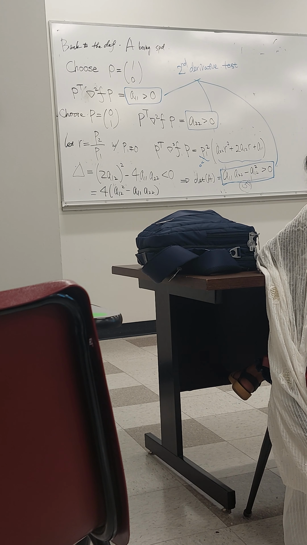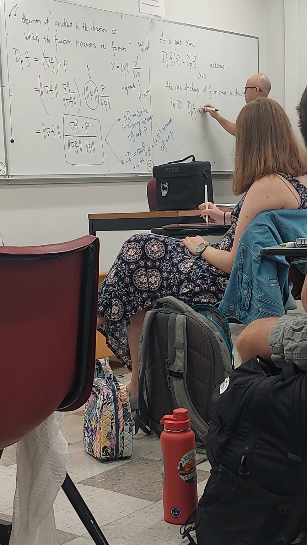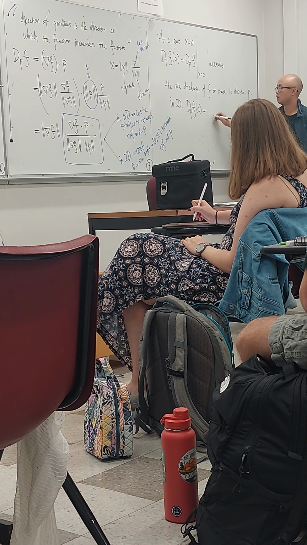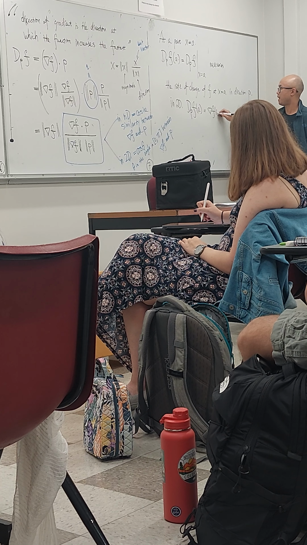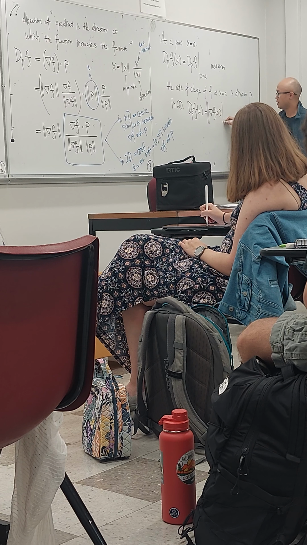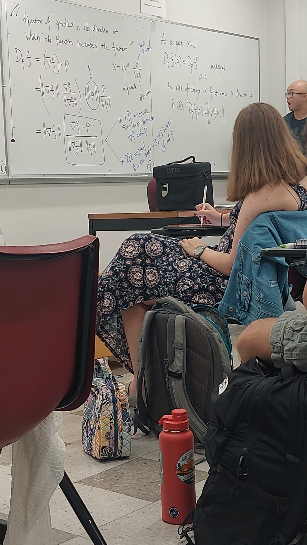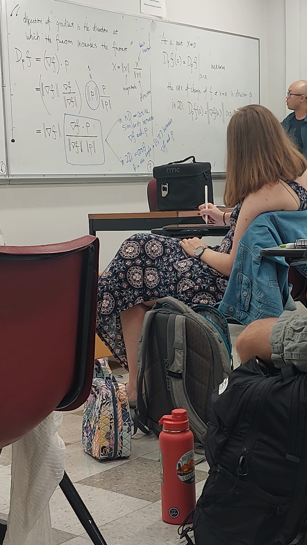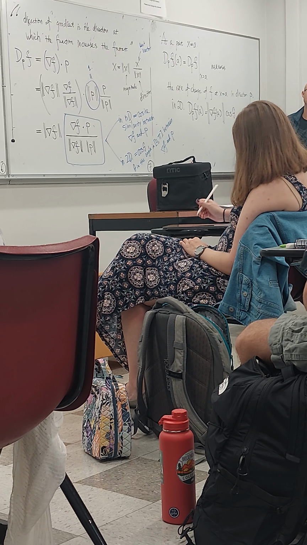Okay. So now let's look at the formula. In 2D, let's use 2D as the example: D_p f(a) equals the magnitude of the gradient of f at a times cosine theta.